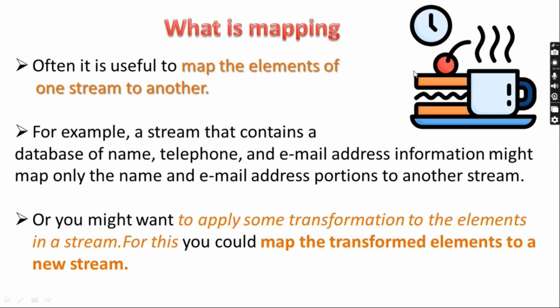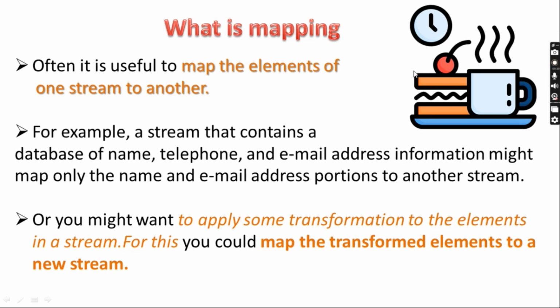So what is mapping? Often it is useful to map the elements of one stream to another stream. There are two streams available. We are going to map the elements of one stream to another.